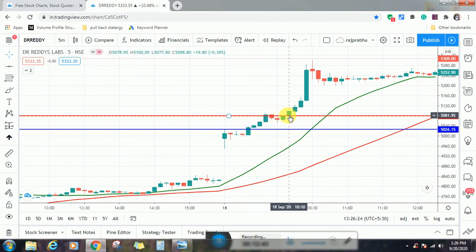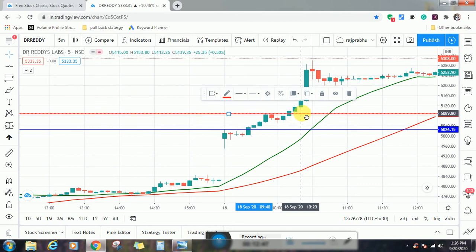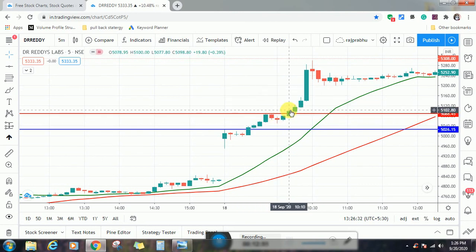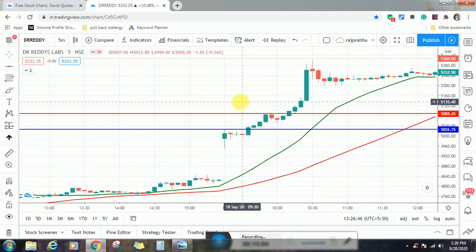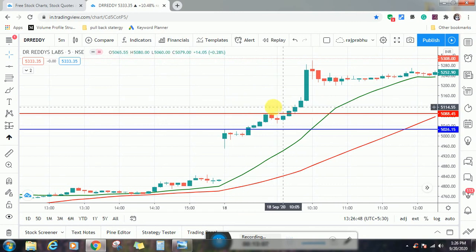Here the price crosses above this level. It's a new high. Consider this as a fresh entry. Again, the price will close above the previous high, and the buying entry will be confirmed. So take 25%.